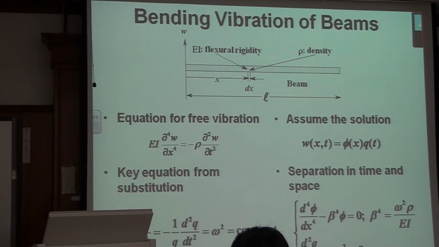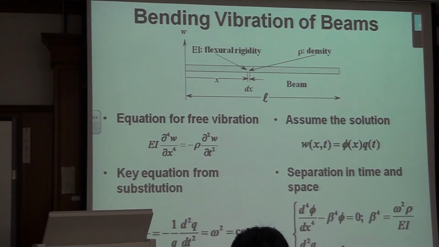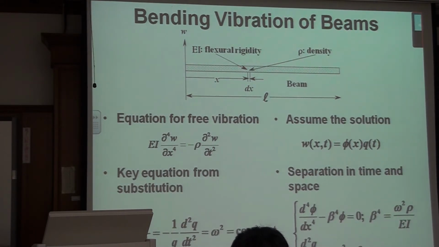Because if you do this, then you will find one equation where this part is only x dependent, and this part is only time dependent. If these two are equal, they have to be a constant.